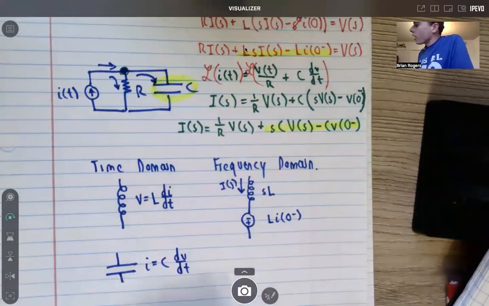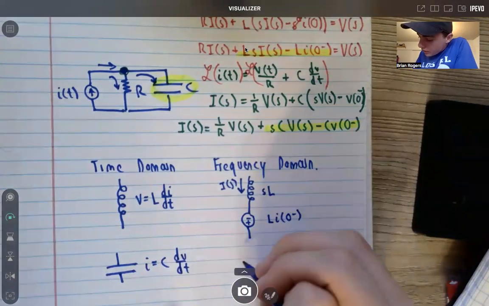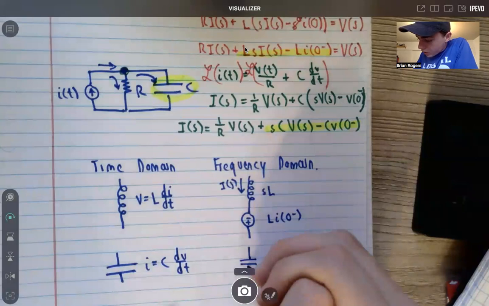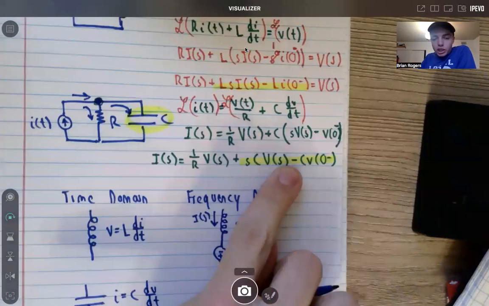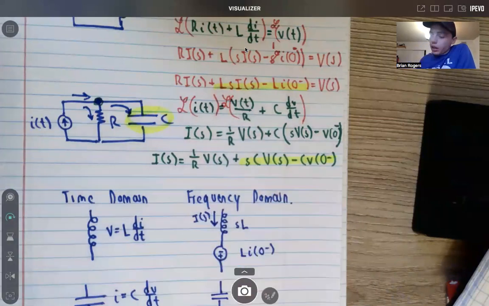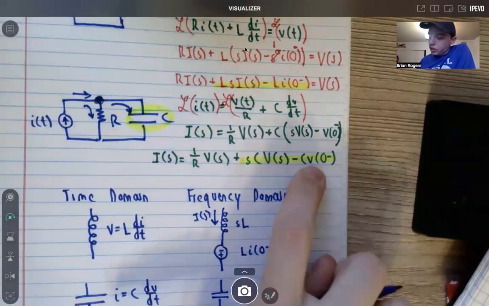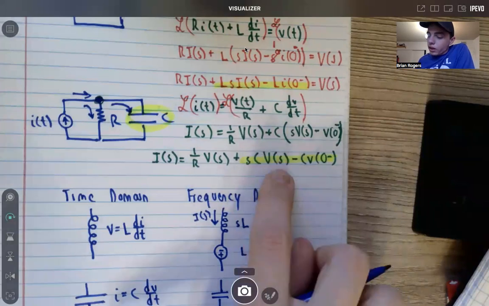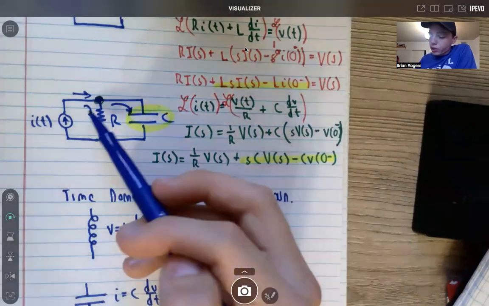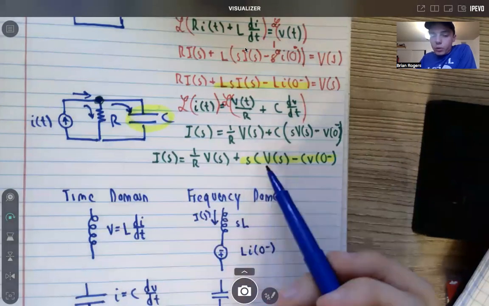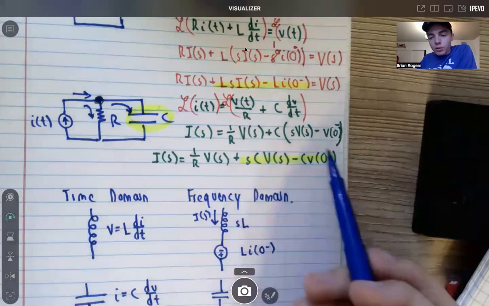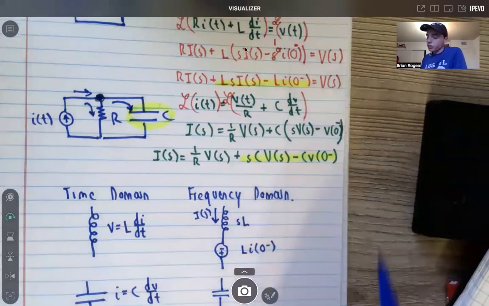In the frequency domain, we have the exact same issue: an initial condition in addition to the capacitor, because when we made an equation for current, we noticed it wasn't only a capacitor, but a capacitor with a voltage at the initial condition as well.